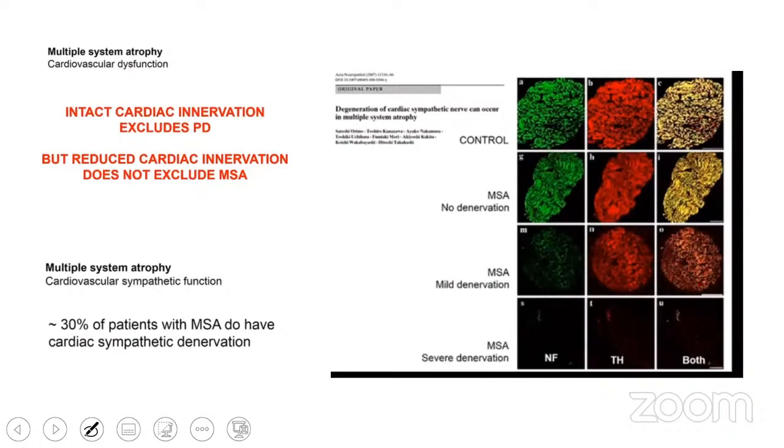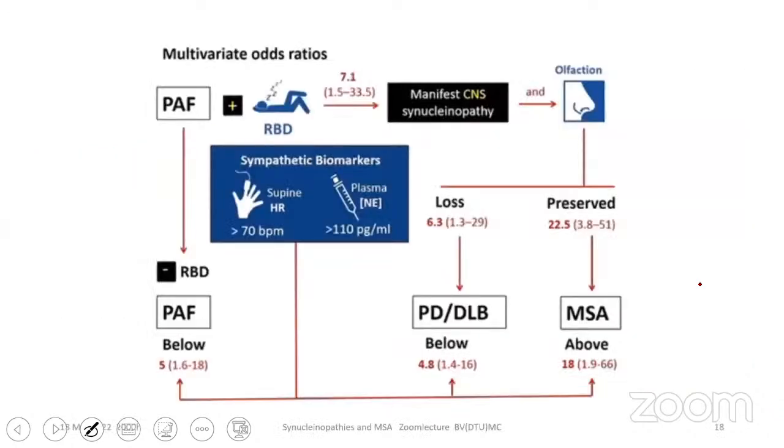But mild denervation may be seen in some cases. Some cases may have severe denervation, but those are rare. So 30% of patients with MSA do have cardiac sympathetic denervation. But one thing is sure, intact cardiac innervation excludes Parkinson's disease. That's an important aspect. So you can see there are studies where these odds ratios have been calculated.